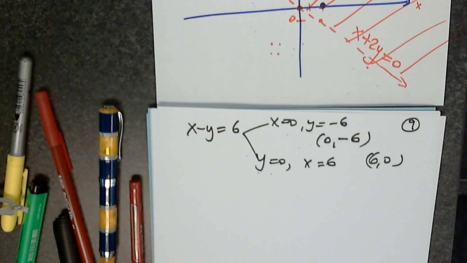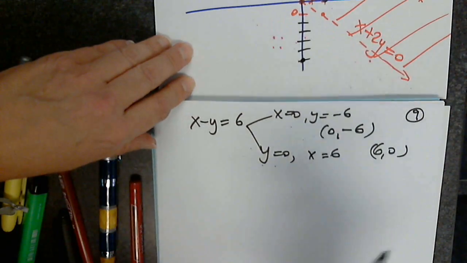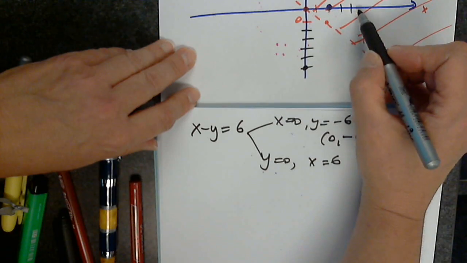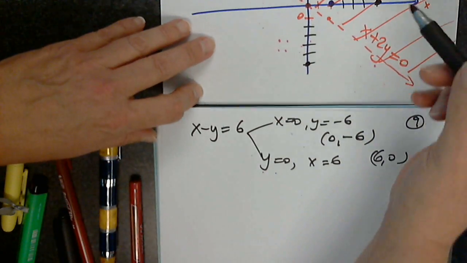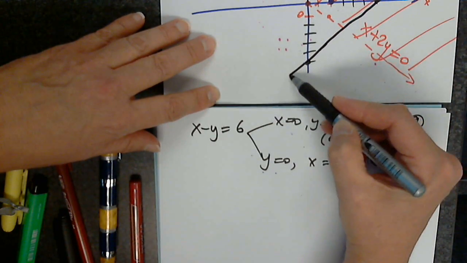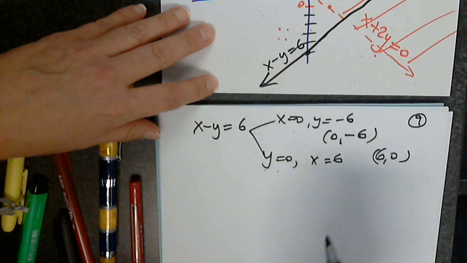Okay. So did you shade it? Yeah. Okay. So 0, negative 6 is here, and 6, 0 is here. Is this a solid line? Yes. So this is x minus y equals 6.